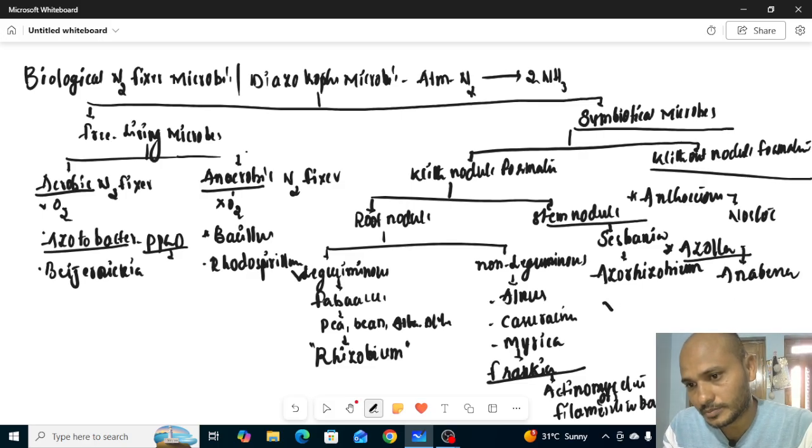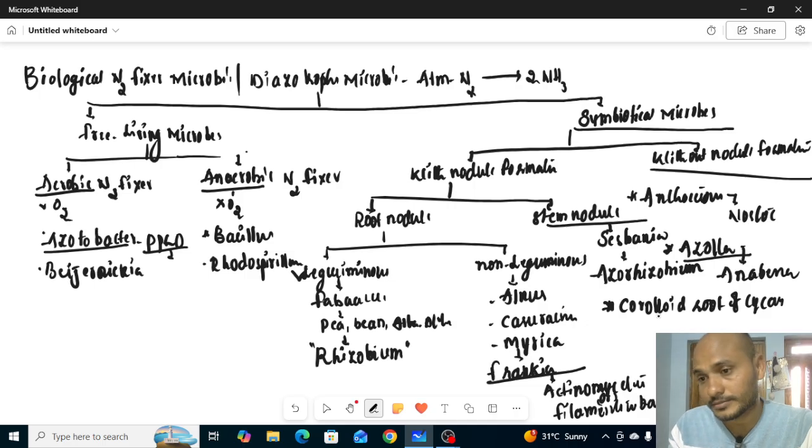And one more important plant group is gymnosperms. In gymnosperms one plant is Cycas. In Cycas we have coralloid roots. In the coralloid roots of Cycas, two blue-green algae form a symbiotic association.